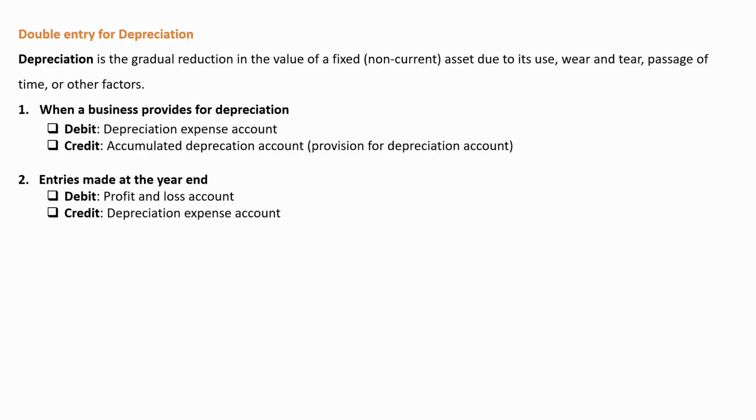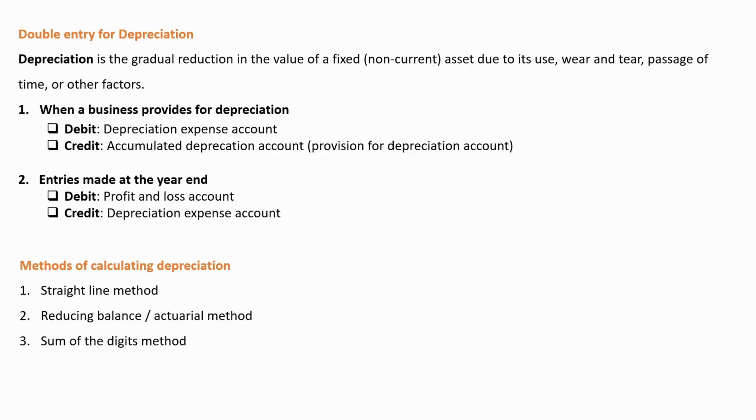So at the end of the year, everything in the depreciation expense account is normally taken to the profit and loss account. You close that account. In the next year, you will have a new one. But for the accumulated depreciation account, you will be carrying the balance forward to the next years until maybe you dispose the asset. That is when you will close that account.